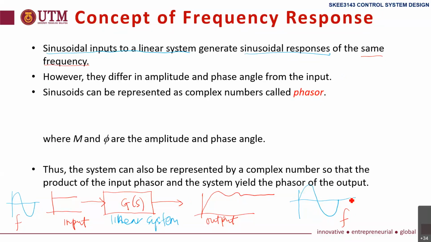Then what are the differences? What is changing in this case? They will differ in the amplitude: amplitude M in the input, and M output in the output. They are different. And also in phase angle, phi, which we calculate like this.